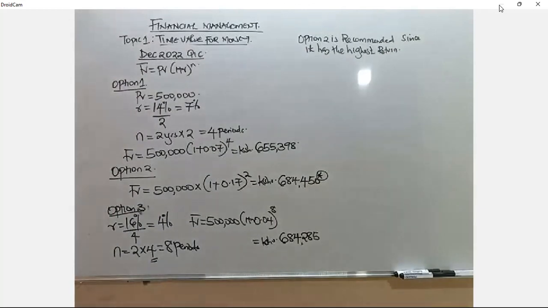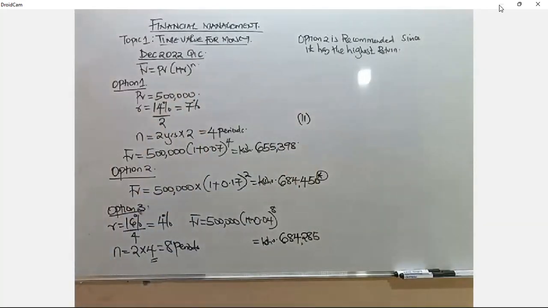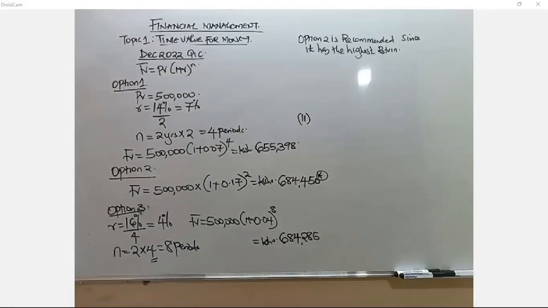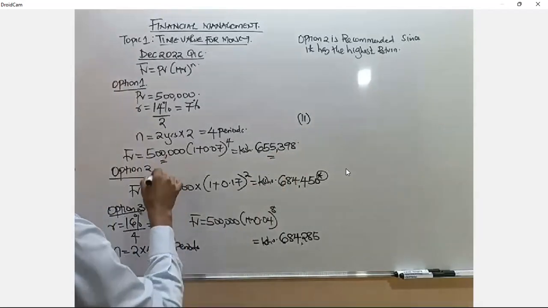There is another requirement the examiner is asking us to consider. In option 1 now, the problem has been taken back to option 1. Calculate the effective rate of interest of option 1. So how am I supposed to calculate this effective rate of interest? It is very simple, because already you have the future value and we have our present value.